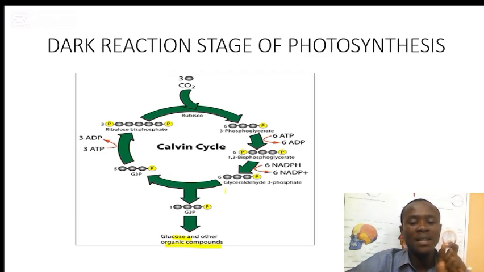5 molecules of glyceraldehyde 3-phosphate will remain.